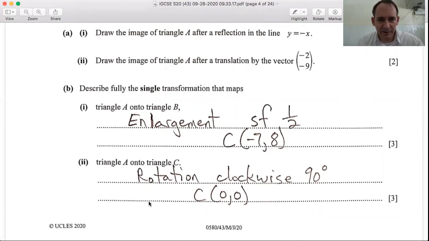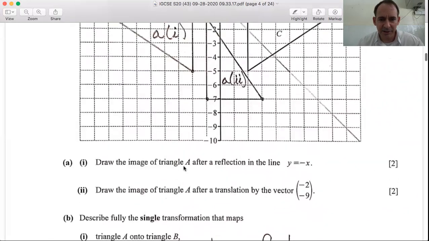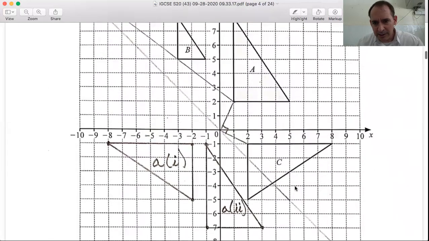Now we want to describe triangle A onto triangle C. So A onto C, hopefully you notice that it rotates going here to the right. So the first part of the answer is rotation. The second part of the answer is 90 degrees clockwise. 90 degrees clockwise, so you have to say how much it rotates.